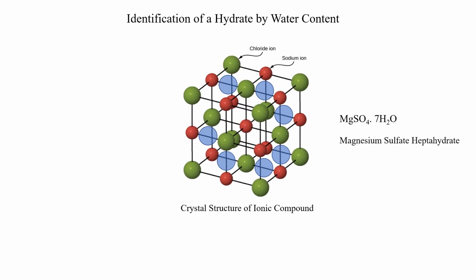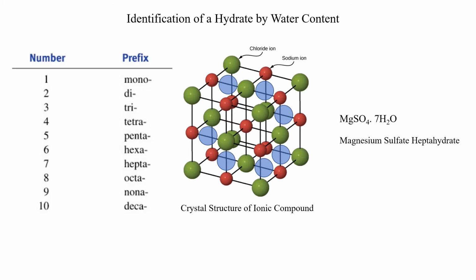Now, I'm going to talk about what that number represents, but first of all, I want to talk about the nomenclature. Whatever number of water molecules is present there, it is accompanied by the term hydrate. So this compound will be called magnesium sulfate heptahydrate. Now, if there was only one H2O present there, it would have been called monohydrate, and so forth.